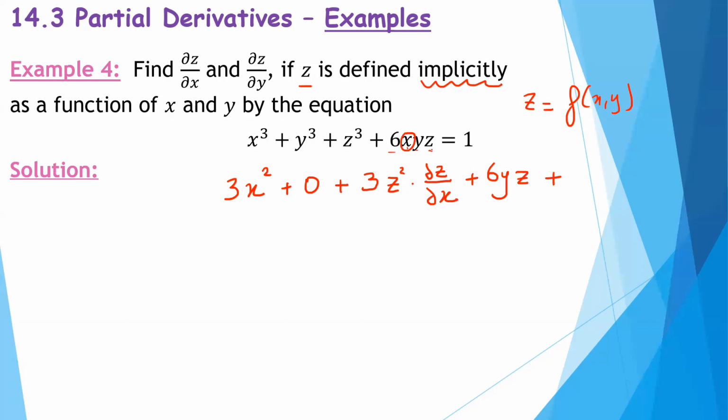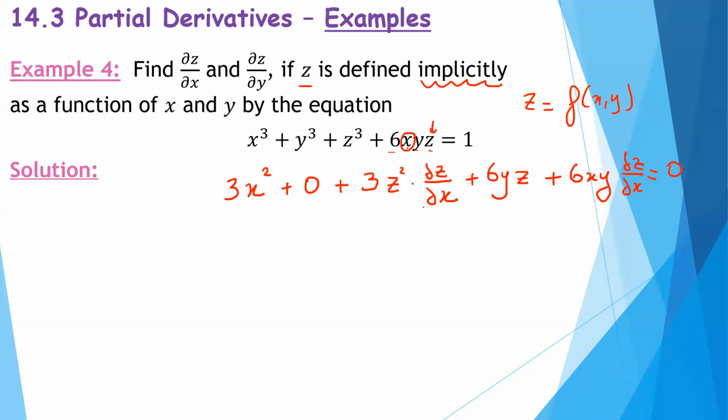Then, as a product of two functions of x, we derive this term, so we'll have 6xy dz over dx, equals 0 here. The derivative of 1 is 0, since it's a constant term in terms of x. So this is the first step.